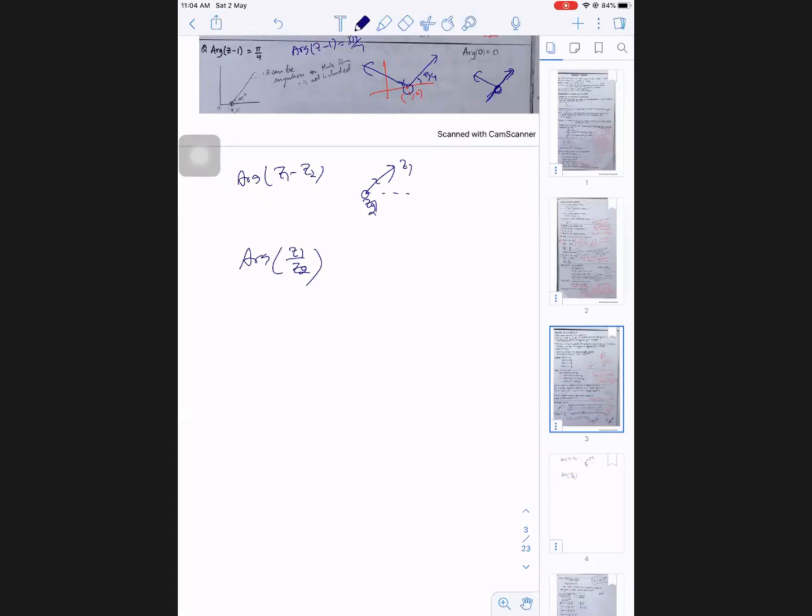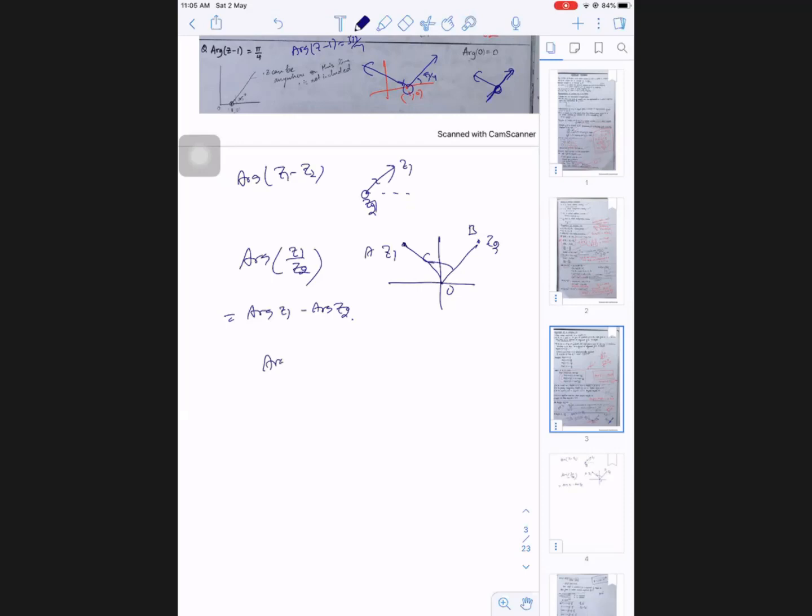The formula I think you already remember: argument of z1 minus argument of z2. Indirectly, if you join z1 to 0, this is z1, this is 0 and this is z2, with A and B as the points. The angle from the OB ray to the OA ray is the same as argument of z1 by z2.